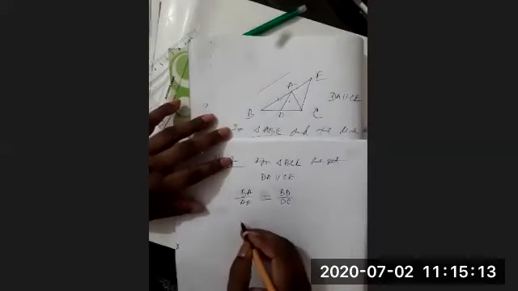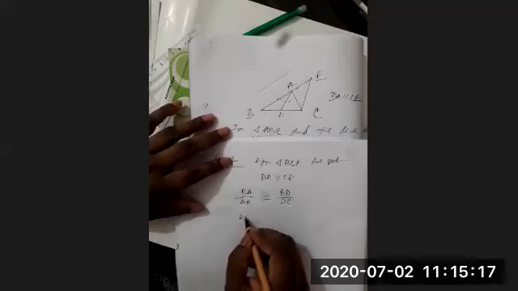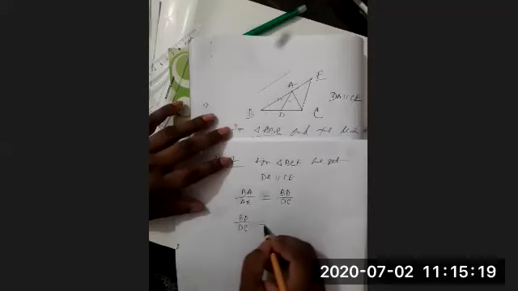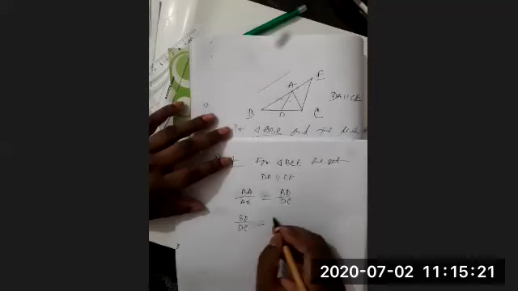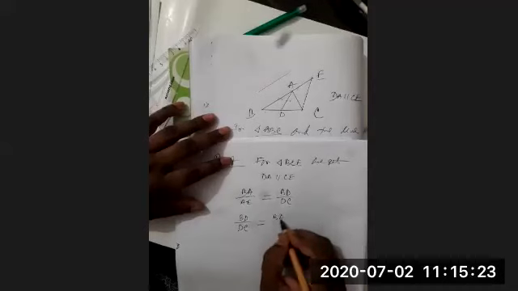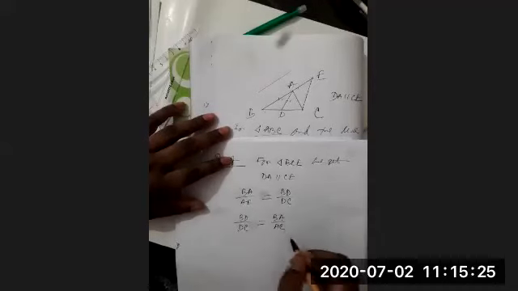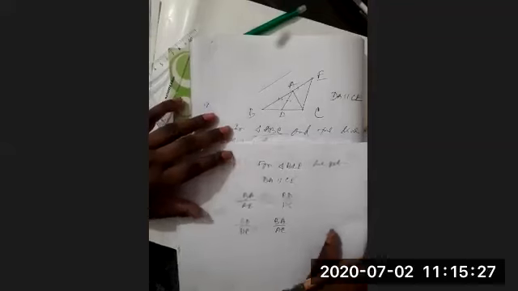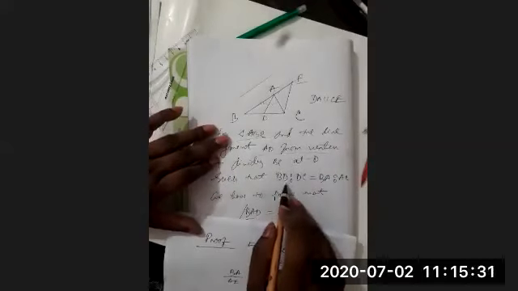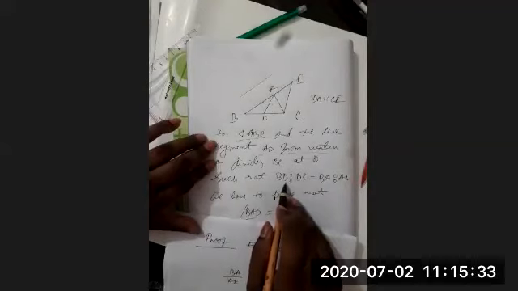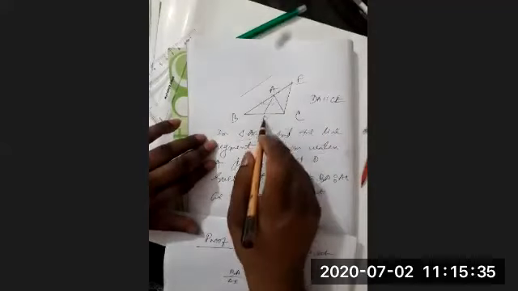But presently, the given condition of this statement is BD by DC equals BA by AC. Okay. Presently, the given condition in this particular enunciation is that BD by DC, AD is such a straight line.